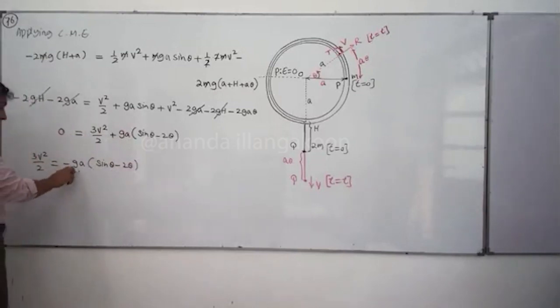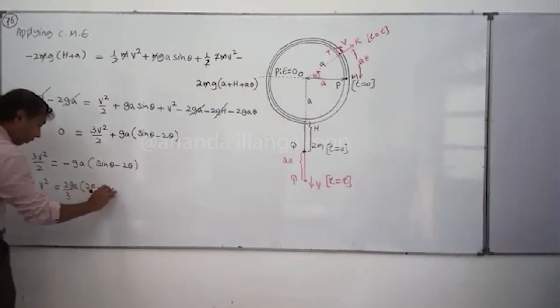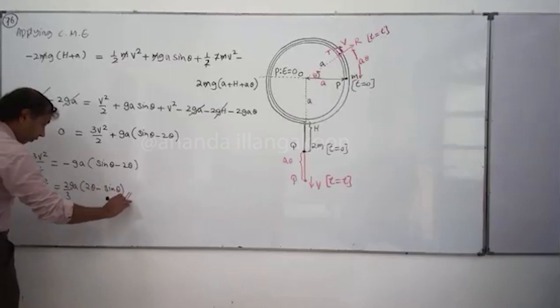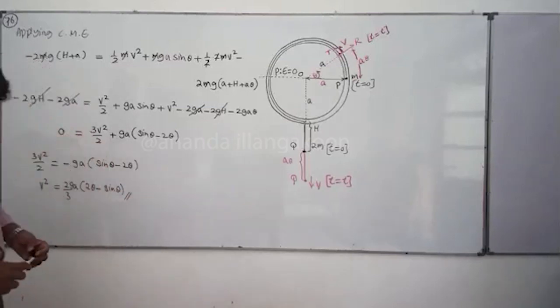Remove the bracket by multiplying the minus sign, then subject v squared. Therefore v squared is 2ga by 3 times (2 theta minus sine theta). This is how we get that answer.